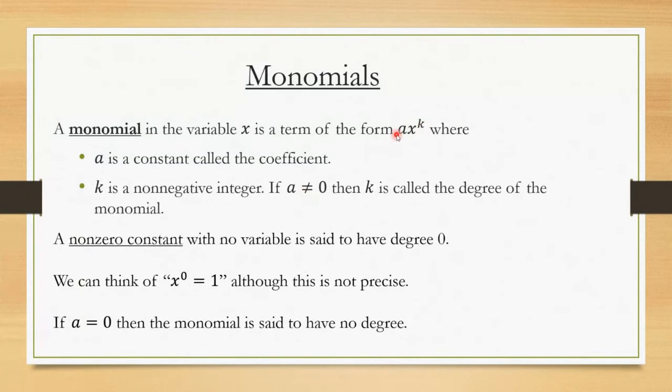Now, if a, the coefficient, is not 0, then k, the exponent of x, is called the degree of the monomial.